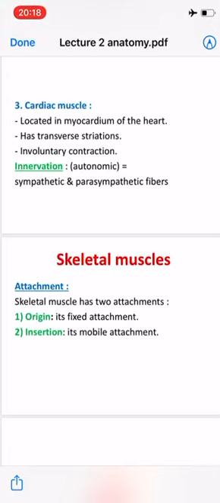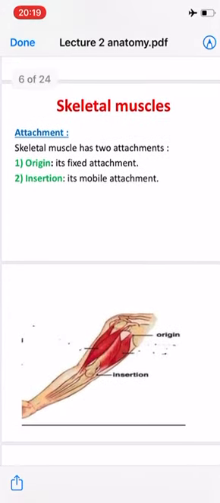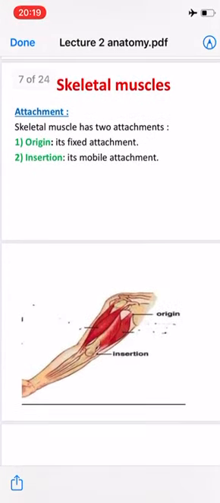It has involuntary contraction. موجودة العضلات القلبية في cardiac muscle في عضلة القلب الميوكارديوم، و has transverse striation، أيضا تكون مخططة ويكون تقلصها غير إرادي. Innervation is autonomic. Sympathetic and parasympathetic fiber، يكون nerve supply هو يشمل autonomic nervous system، يعني nerve supply هو لا إرادي.